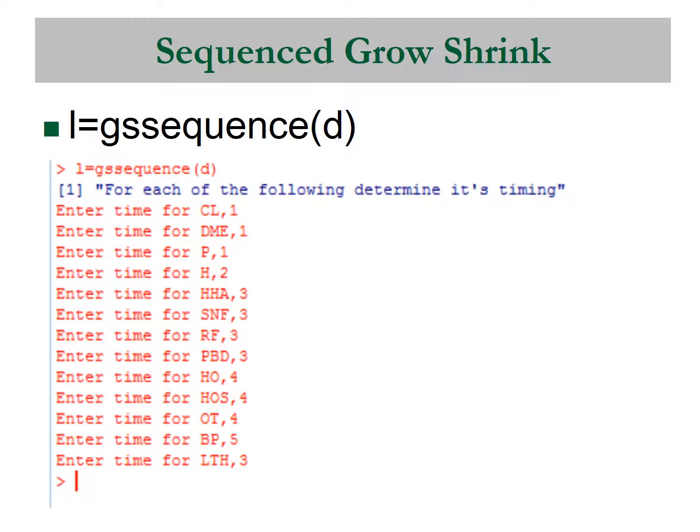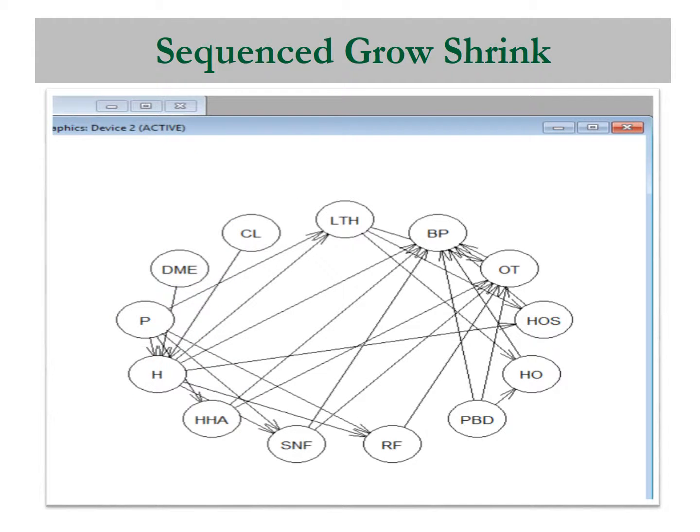As soon as you copy paste this command, I equals GSSS for Grow-Shrink, it will ask you for your data points, CL1, DME1, P1. You already know your sequence data points, so you just type them in. At the end, when you enter, it gives you your diagram.